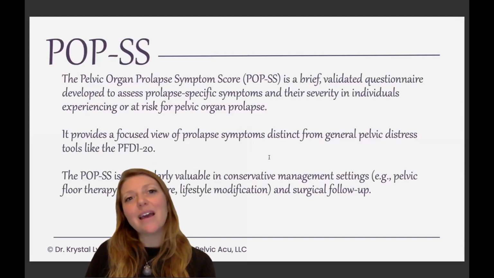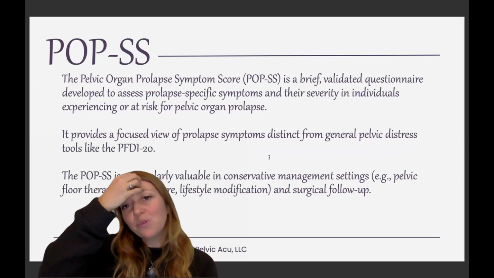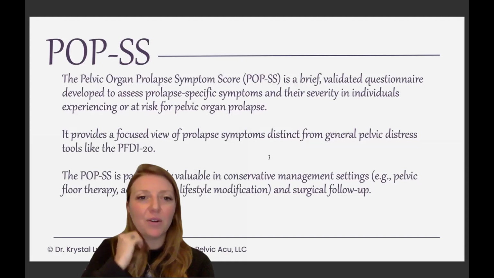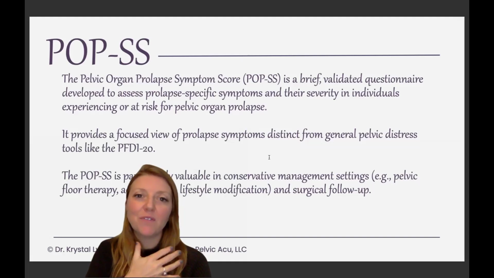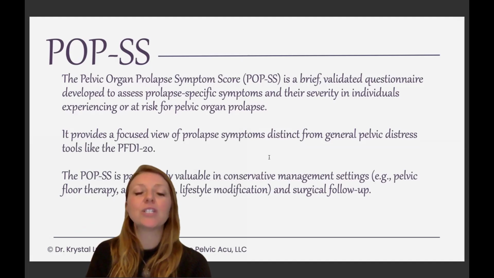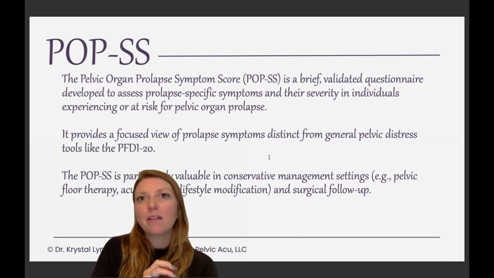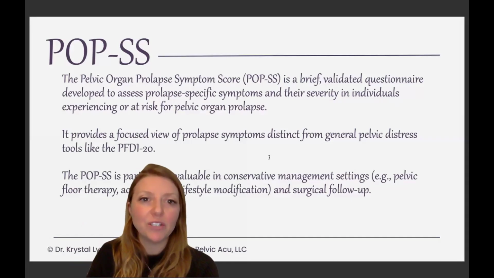For your clients that have pelvic organ prolapse, I've included a scale specific to pelvic organ prolapse because I feel that it is important to go just a little bit beyond what the PFDI 20 and the PFIQ 7 go into.